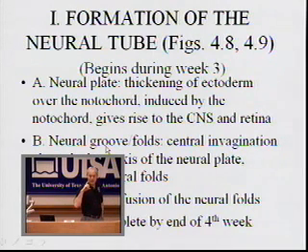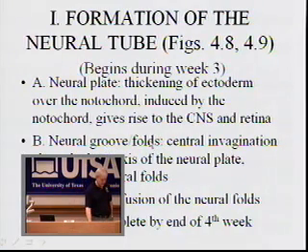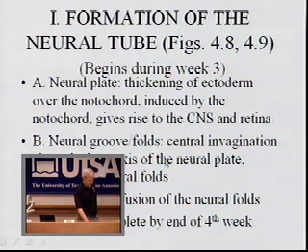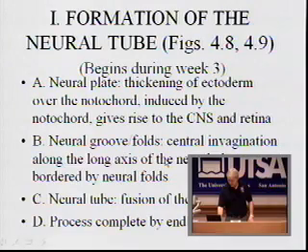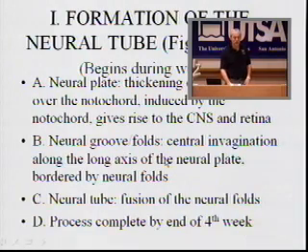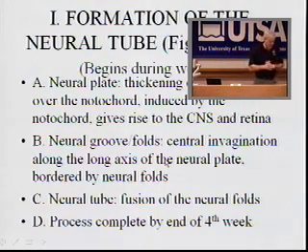So they go from mid-range columnar height to tall columnar cells, accentuating the folds at the edge. And ultimately, there will be some cells that will migrate away from that junction of the neural fold and the surface ectoderm, as we will see, to become the precursor of the peripheral nervous system.